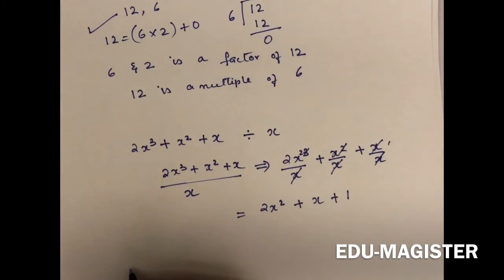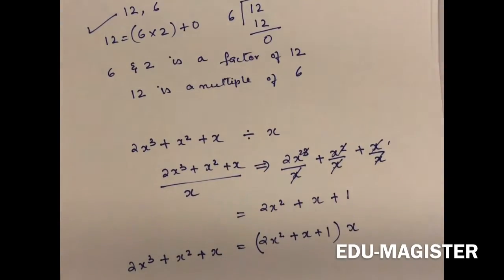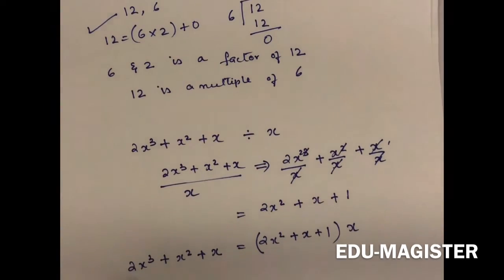So can I write 2x cube plus x square plus x is equal to 2x square plus x plus 1 multiplied by x, like we wrote here, right?